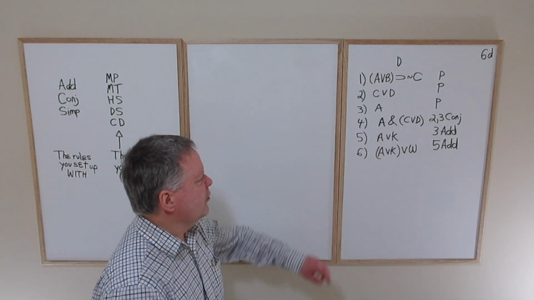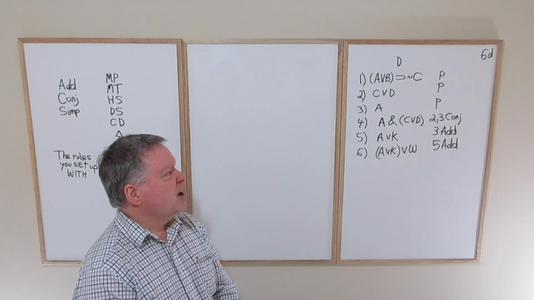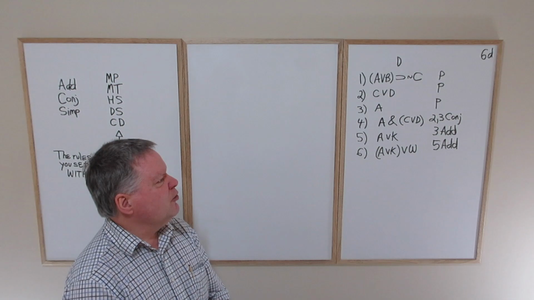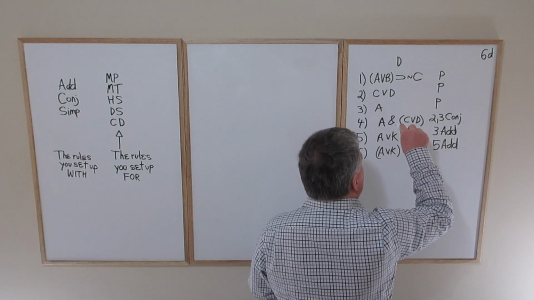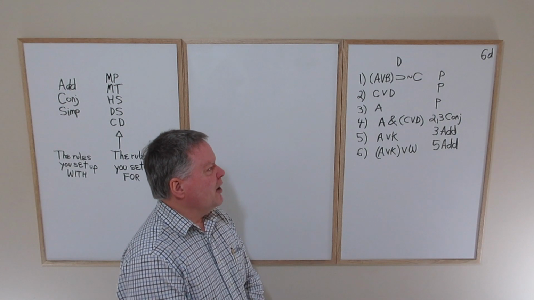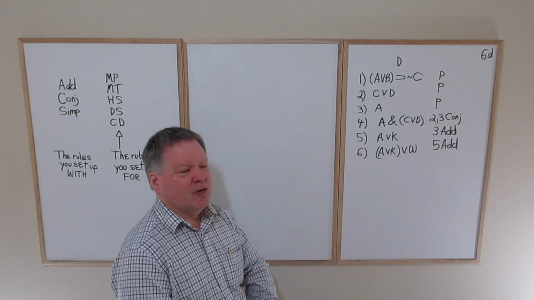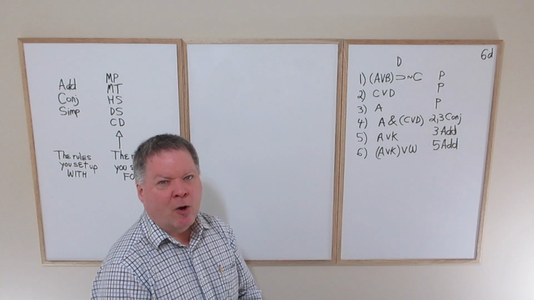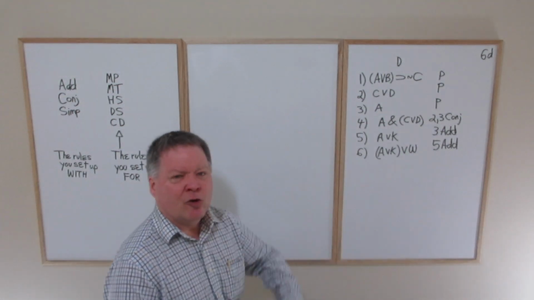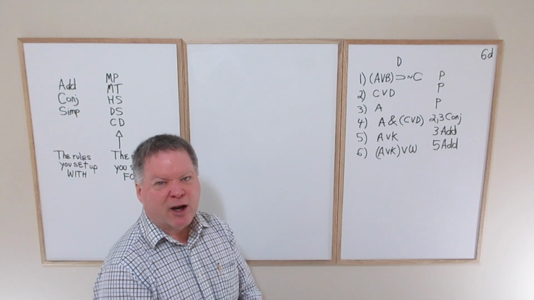In line 4, I did an entirely correct conjunction step involving lines 2 and 3. In line 5, I did an addition step on line 3, and in line 6, I did another addition step on line 5. All 3 of these rule employments are perfectly correct.